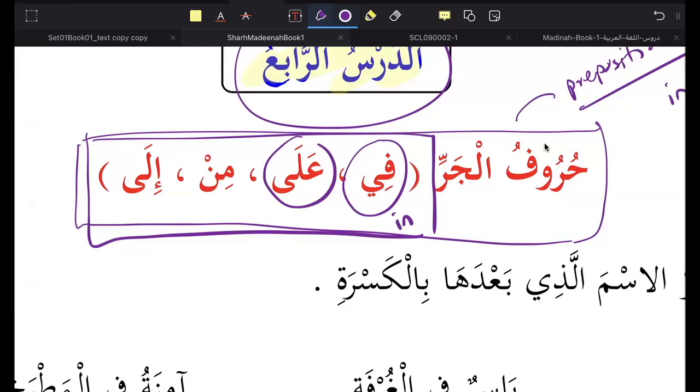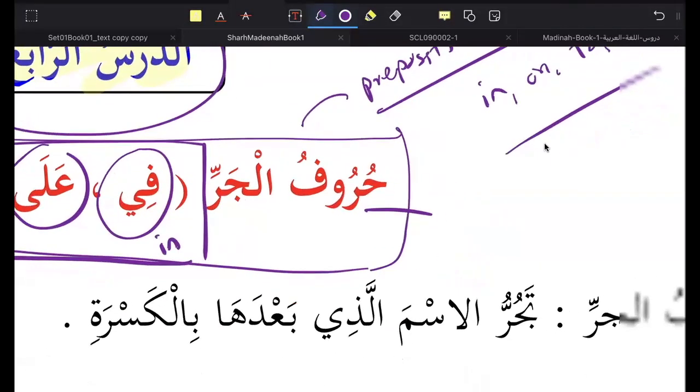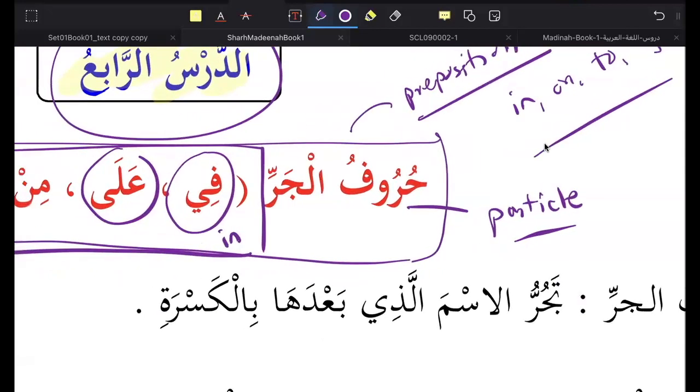Before I give you more meanings, I'll mention something about the huruf, the particles. What does huruf mean here? Huruf here does not mean the letters. Remember, we said the harf has two meanings, letter or particle. Here, it is the grammatical term, particle. In the last lecture, I already explained what the particle is. So what is jar?